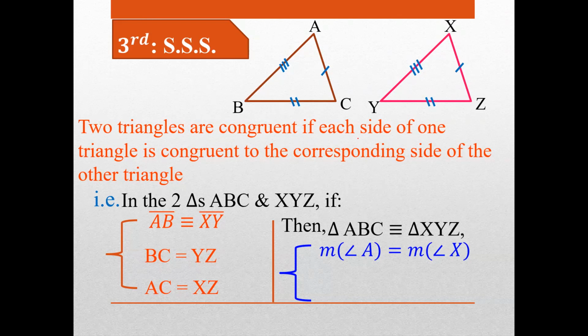So if the three sides in the first triangle are congruent to the three sides in the second triangle, then the three angles in the first triangle are congruent to the corresponding angles in the second triangle. So we will find that measure of angle A equals measure of angle X, measure of angle B equals measure of angle Y, and measure of angle C equals measure of angle Z.